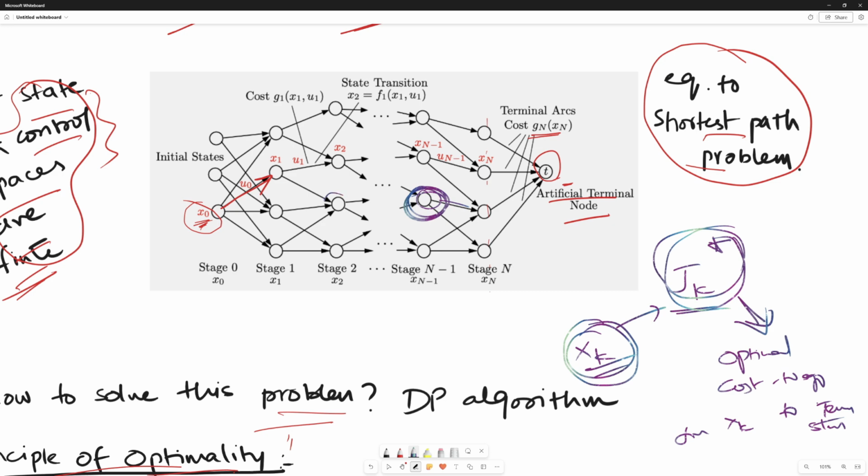I can do the same from here. At the same time, I can do that from here, which is x0, and get the optimal cost to go from this initial state. So using the dynamic programming algorithm, I have computed all of this. I'll be illustrating this algorithm using the traveling salesman problem in the next video, but I hope you're understanding what I'm saying.